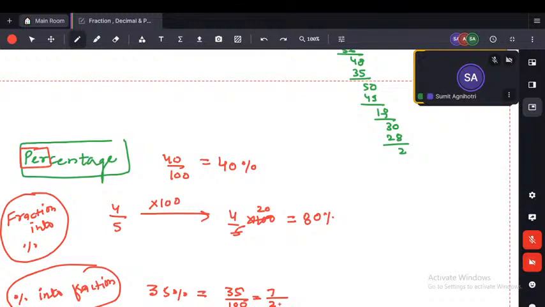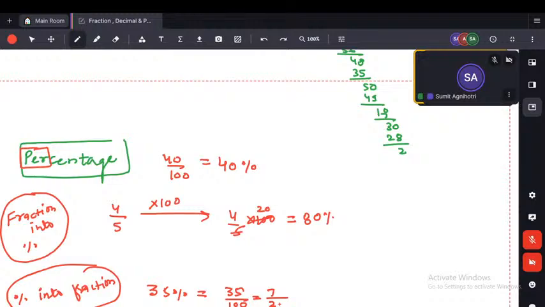Can you tell me 3.5 indicates how many percentage? You will multiply by 100 to indicate it into percentage. No, 350%.